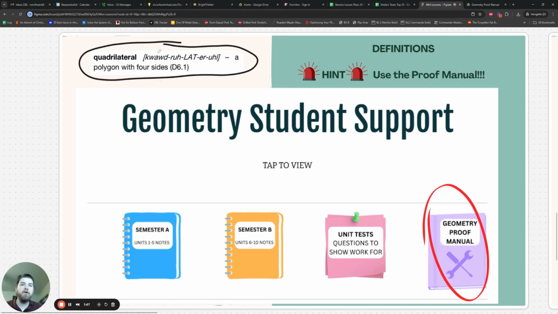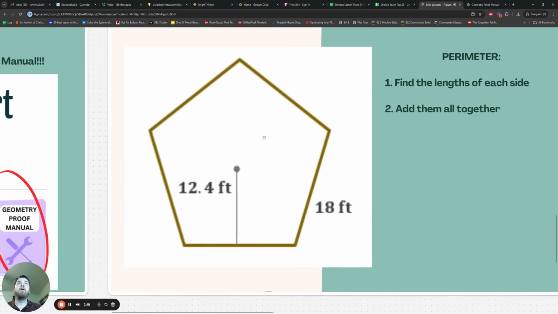That's snipped straight from the proof manual: quadrilateral, a polygon with four sides. So any property or definition or anything like that is in that proof manual. I can't give that hint bigger. Use the proof manual. It is on the student support page. If you click student supports from the landing page, it is right there. It's one of the first things that you're going to see. So please use that.